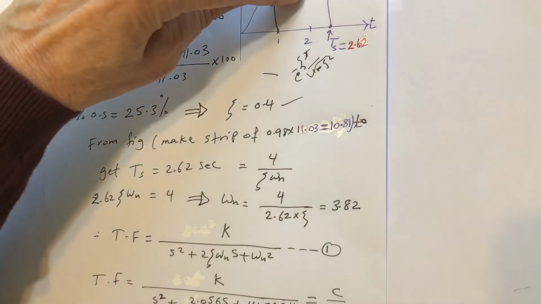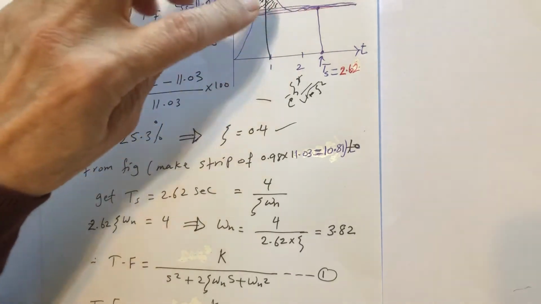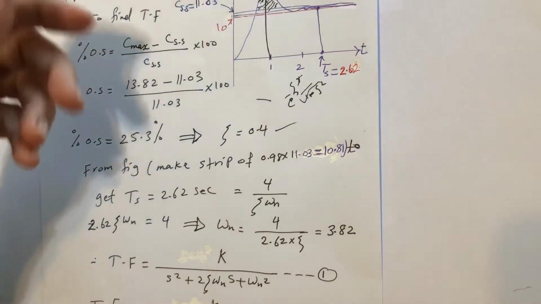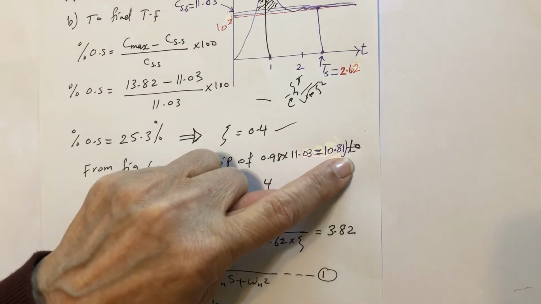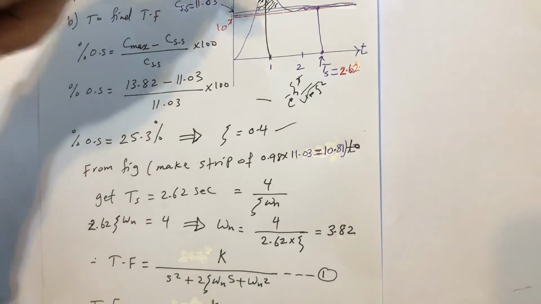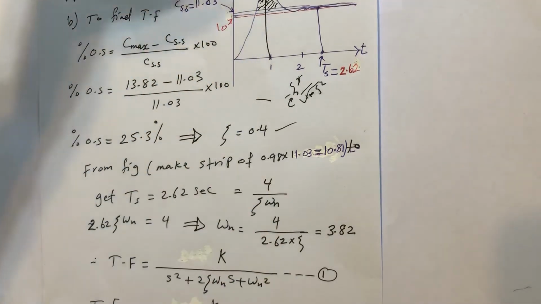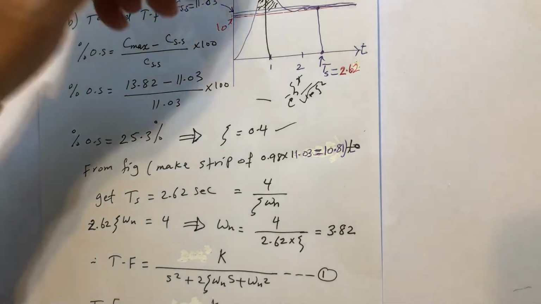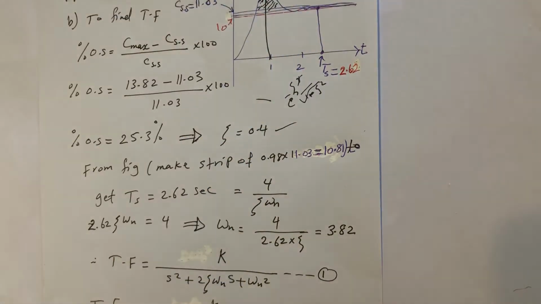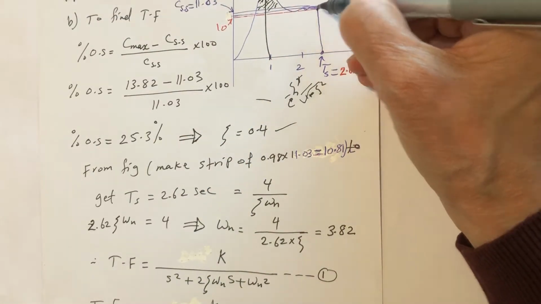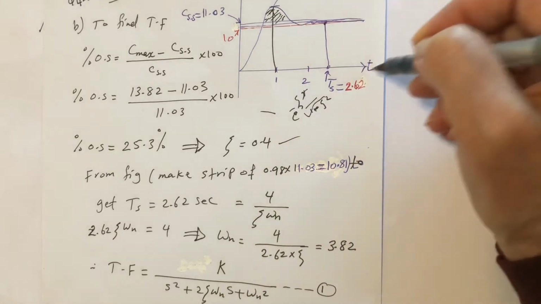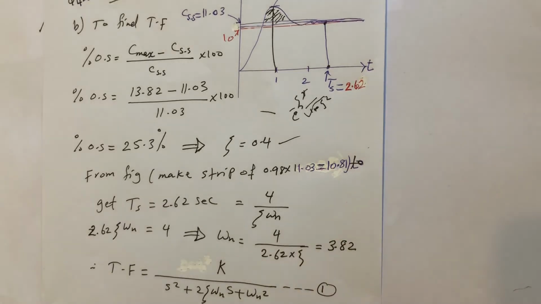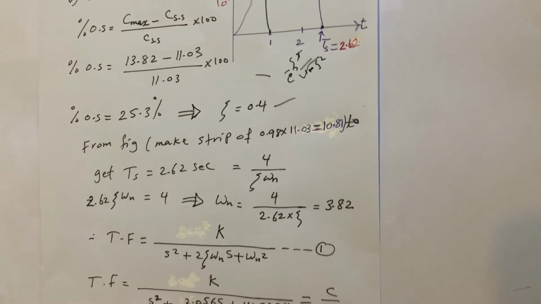When I see that this oscillation does not go out of this strip, 10.81, and I multiply 1.02, which is the one above the steady state value, times 11.03 and make the strip. Here it entered this strip and after that did not go out of it. So we measure the settling time here. It's equal to 2.62. I put it in red.